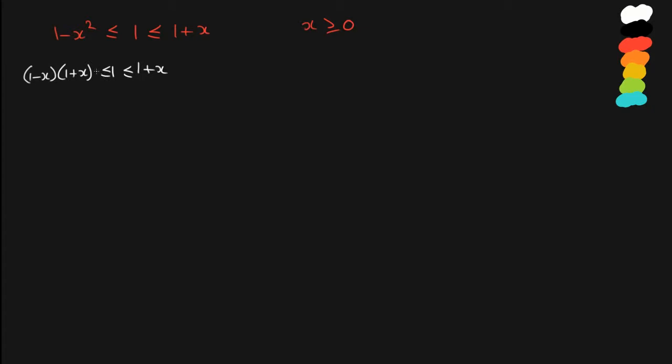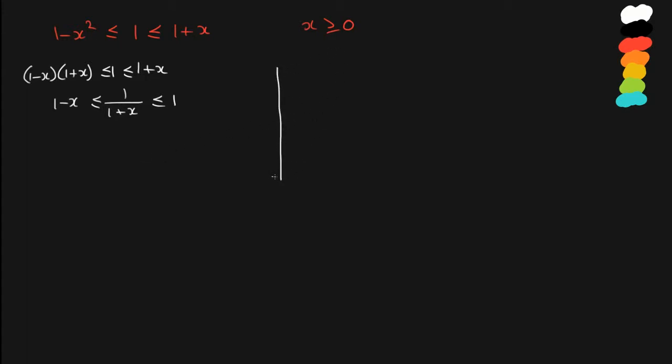Just note that the equality happens when x equals 0 anyway. And since x is positive, then this thing is definitely positive. So we can divide through by it without changing our inequality signs. And we end up with this thing.